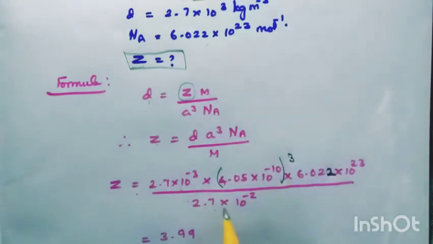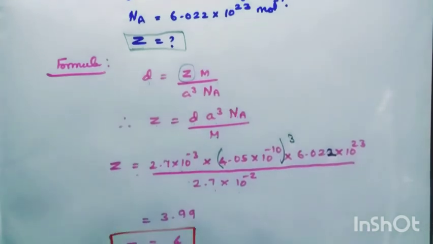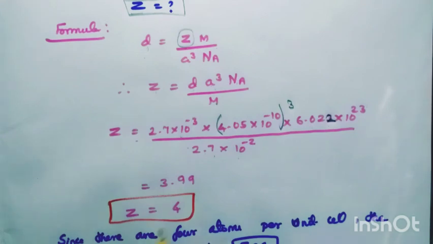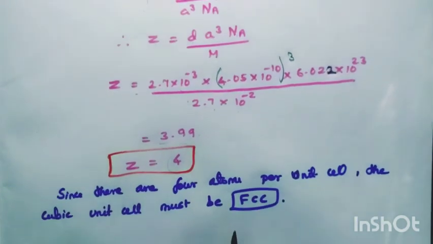By substituting all these values, we get 3.99, which is nearly 4. Round that: 4. The number of atoms is 4, which is for which cubic cell? FCC. Since there are 4 atoms per unit cell, the cubic unit cell must be FCC.